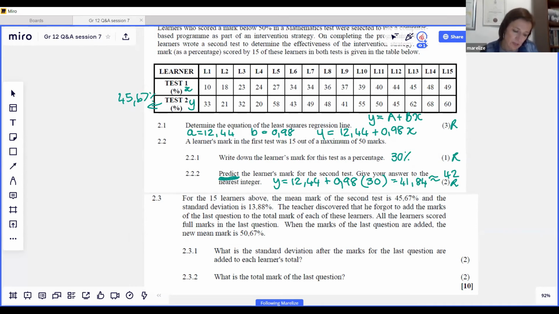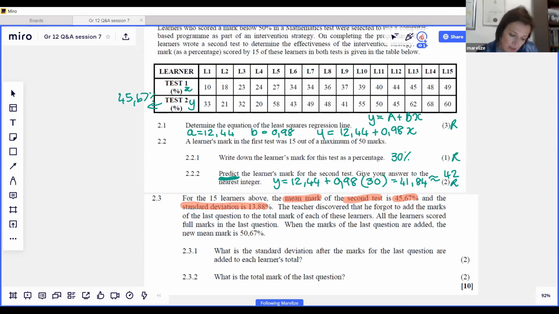For the 15 learners above, not so important because we know by now that there's 15 learners in the study, but the mean is important, the second test is important, and 45.67% is important. And whoops, here they dropped this standard deviation. Okay, so standard deviation should be on your to-do list as well. They haven't asked it explicitly here until now, but they are now bringing it into this question. But you got to know how to do your standard deviation. And your standard deviation, we're going to do just now as well.